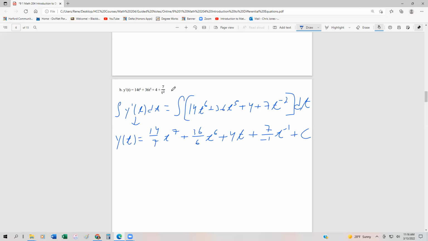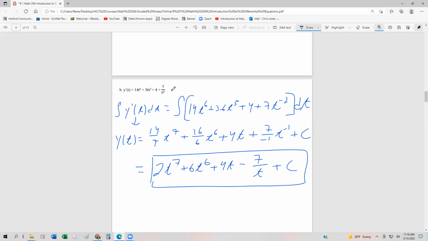Finally, we can simplify this and get 2t to the 7th plus 6t to the 6th plus 4t minus 7 over t plus c. Again, really basic example. This is almost like a Calc 1 problem where we just have to go through and find the antiderivative.